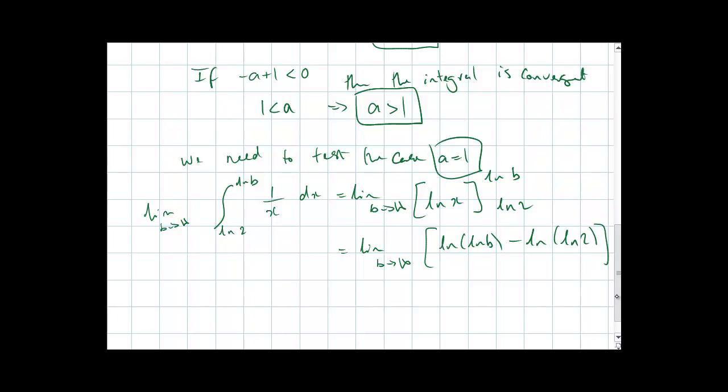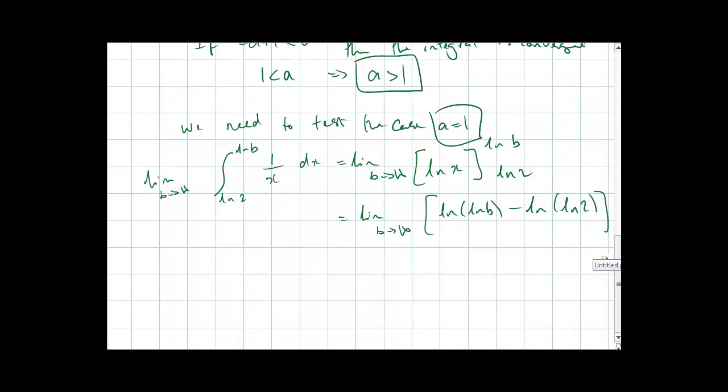And I think it should be pretty obvious that that's going to be divergent. Ln of b, as b goes towards infinity, tends towards infinity, so you've got the ln of that. Yeah, it's going to be divergent. That's the end of the first part of this problem.